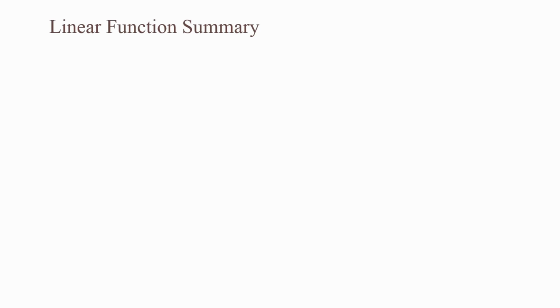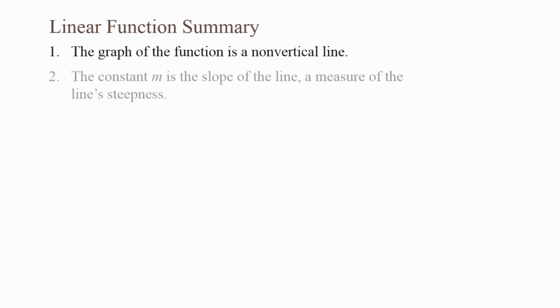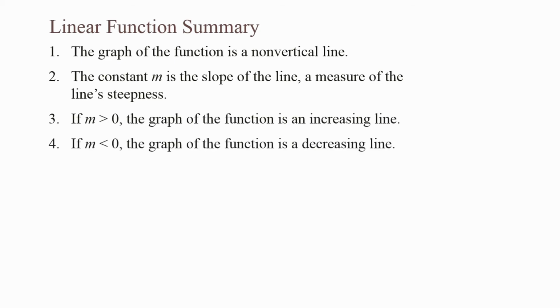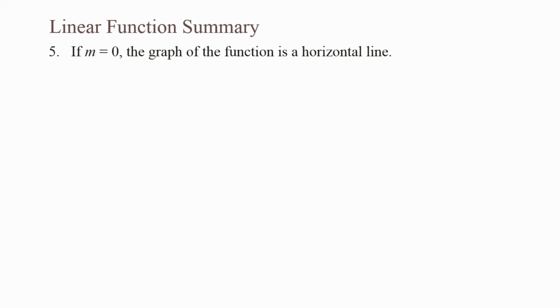Linear function summary. 1. The graph of the function is a non-vertical line. 2. The constant m is the slope of the line, a measure of the line's steepness. 3. If m is greater than 0, the graph of the function is an increasing line. 4. If m is less than 0, the graph of the function is a decreasing line. 5.